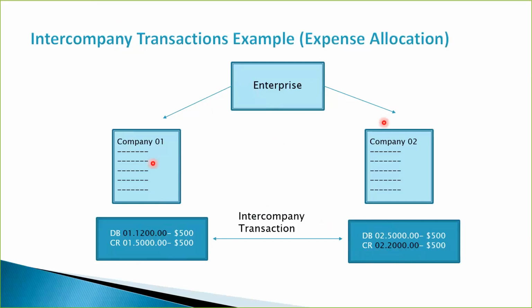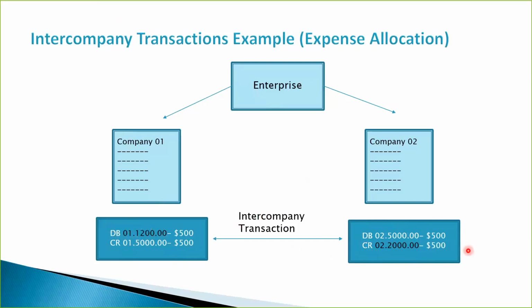So we can see here that because company 1 had incurred the expense already, now when it wants to reallocate this expense to company 02, it will credit its expense, which means it's reducing its expense, and then it is expecting to be paid by company 2, right? So it will debit the receivables here. So the receivables will increase.